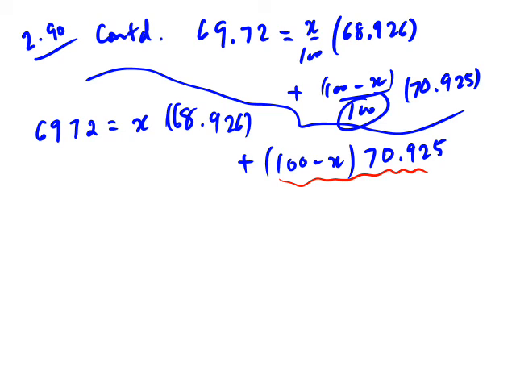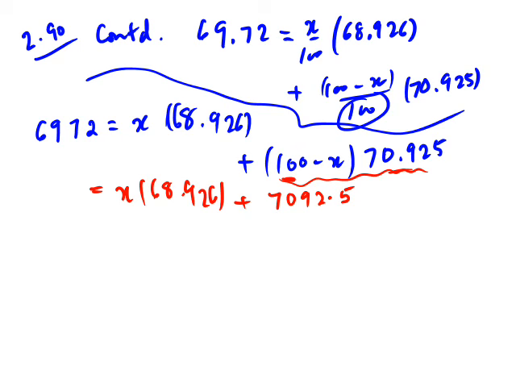On the right hand side, this is x times 68.926 plus, remember I said 100 times 70.925, so that's going to be 7092.5.